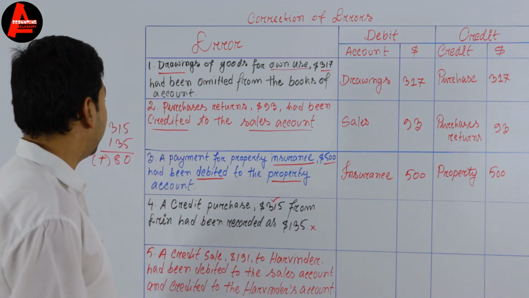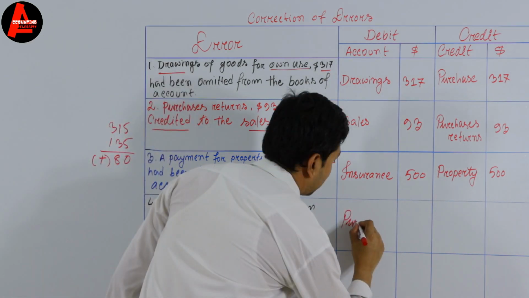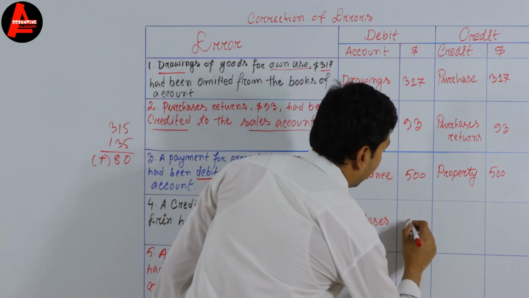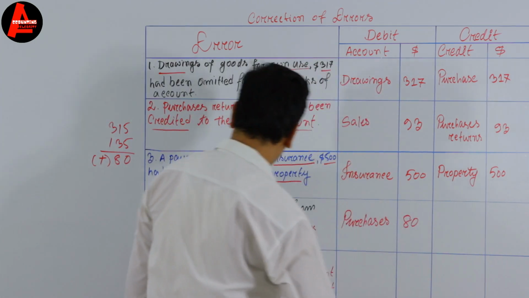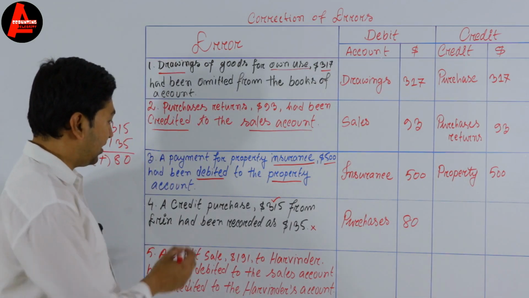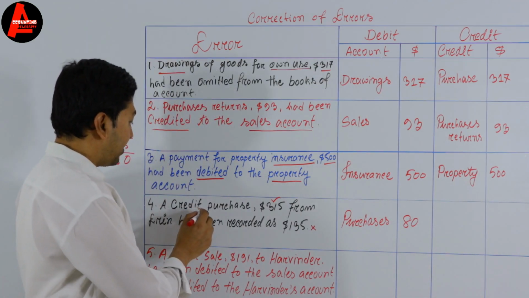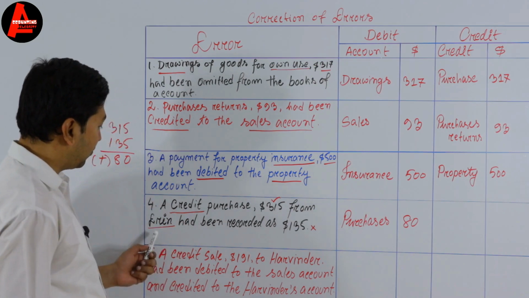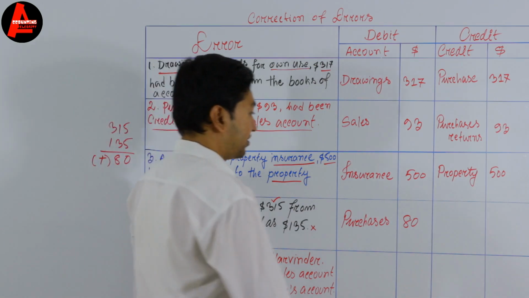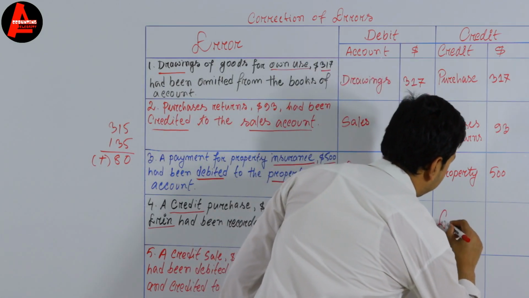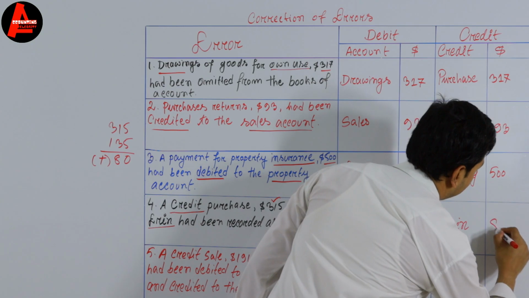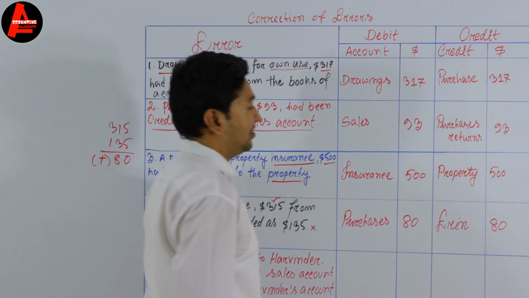So let us write here purchase, $80, and who will be credited? The supplier. Here the supplier is Erin. So we will write the supplier's name, Erin, E-R-I-N. It is here $80.